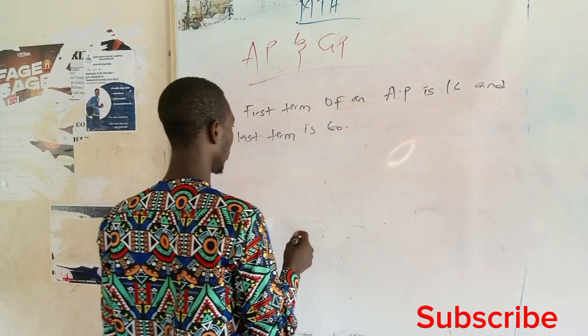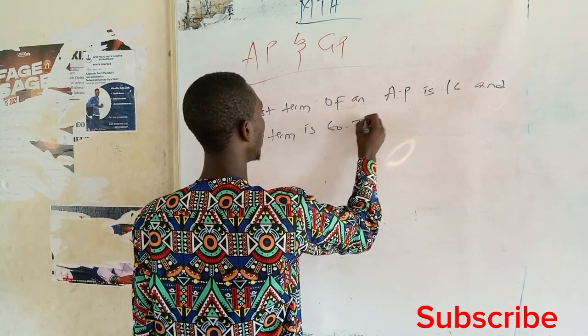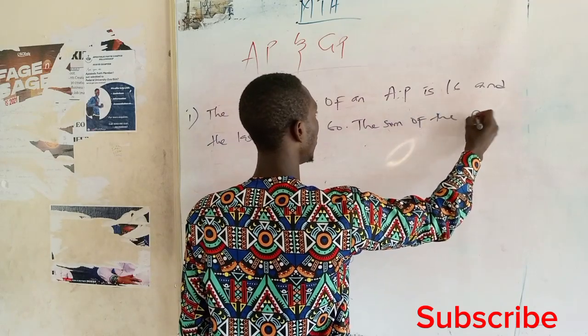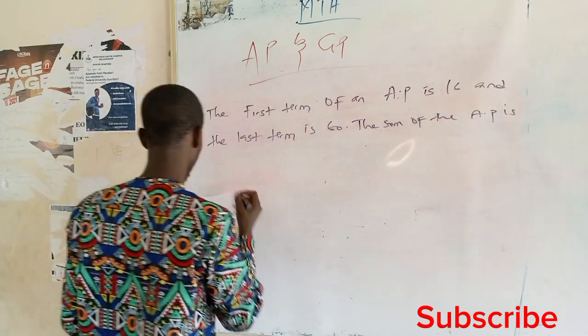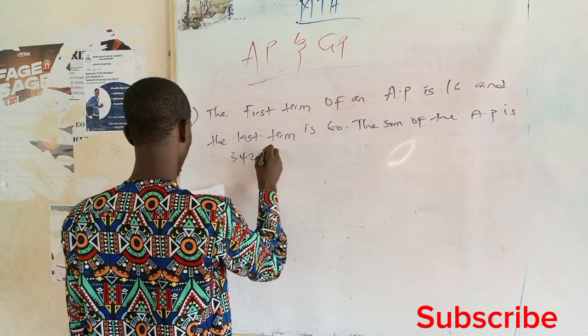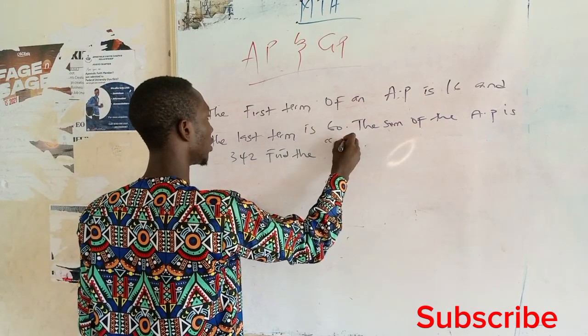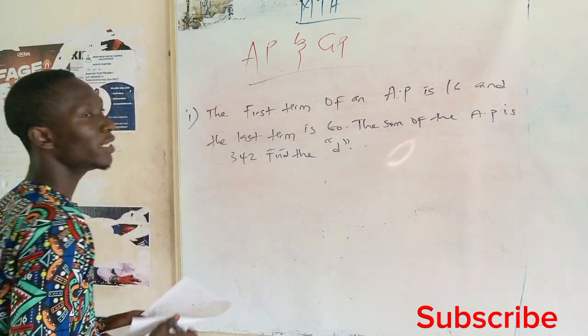The sum of the AP is 342. Find the common difference, d. This is very easy to solve.